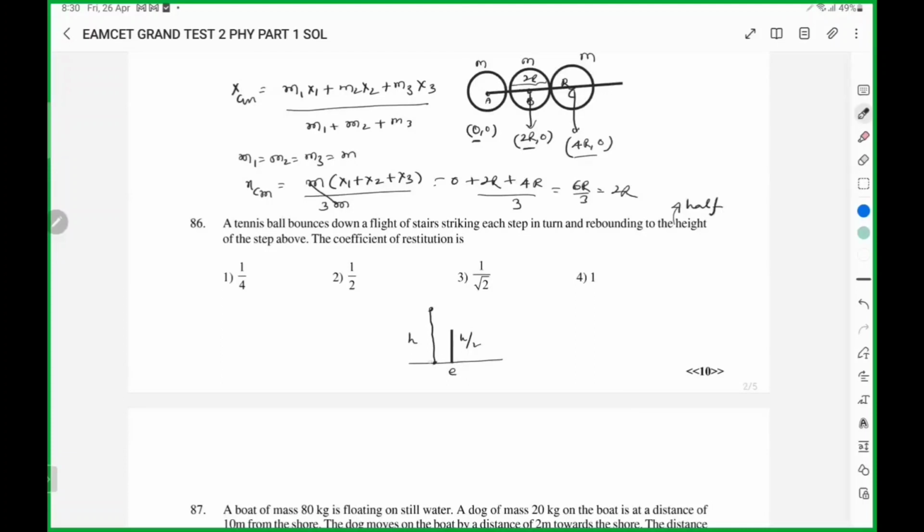Before hitting, its velocity is v, and it rises with a velocity ev. h is v square by 2g. So it rises with ev, where the final velocity is 0. 0 square minus e square v square is minus 2g times h by 2. So here h will be e square v square by g. This is the new height.